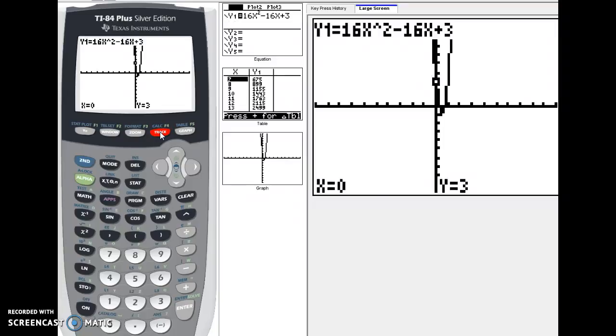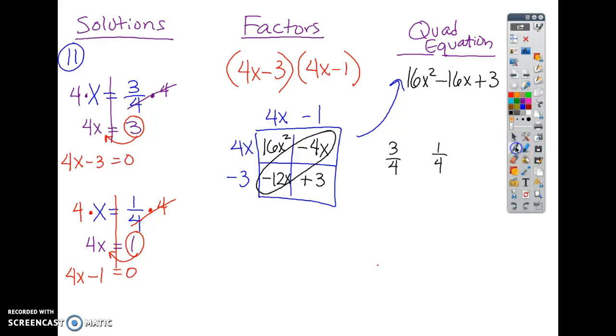Okay, and this one's a weird looking one, but remember we already know the solution, so it's easy for us to check. You just press 3/4, enter. It gives you 0, and it's supposed to give you 0. And then you press 1/4, enter, and it's also supposed to give you 0. If those numbers did not give you 0, you did something wrong, and you need to go back and check your work. So this is your equation for problem number 11.